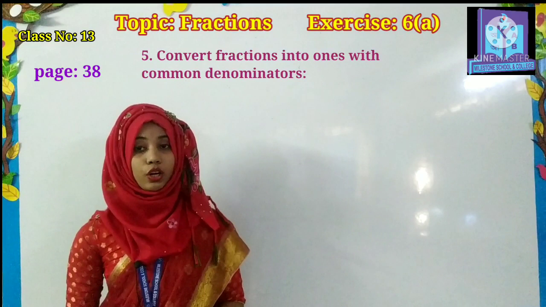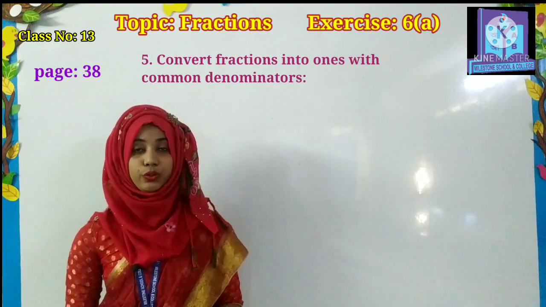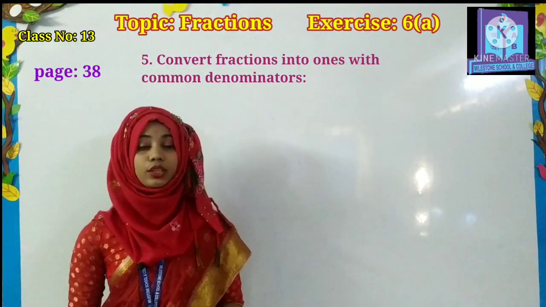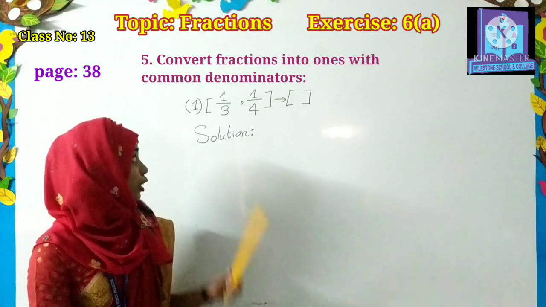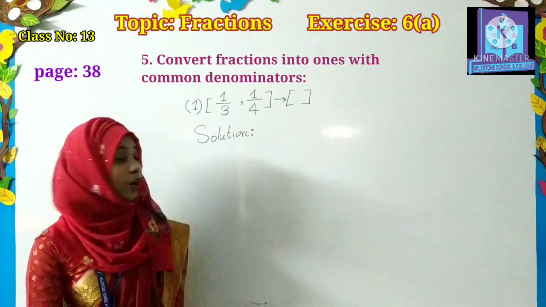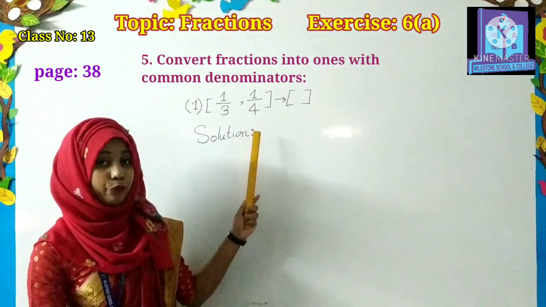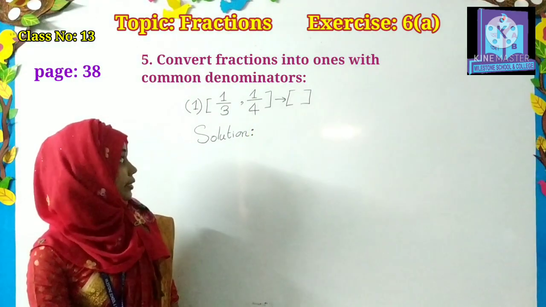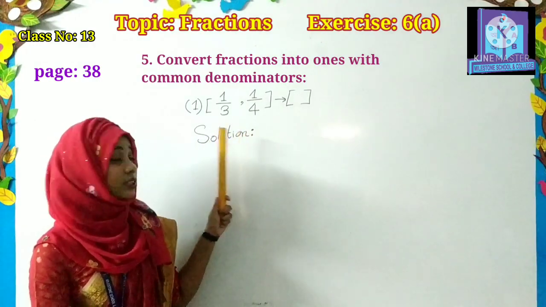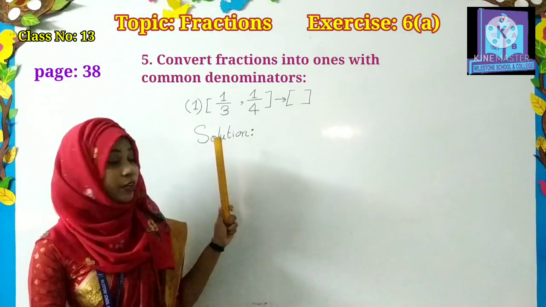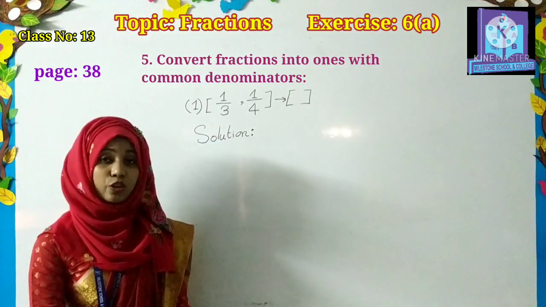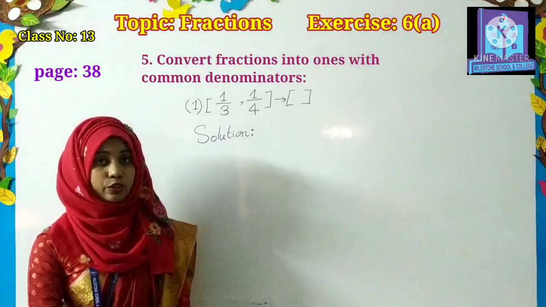So, question is convert fractions into ones with common denominators. There are two fractions, 1 by 3 and 1 by 4. And look at this. These two fractions are not same denominators.